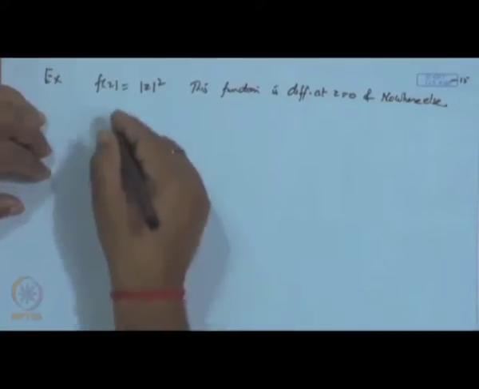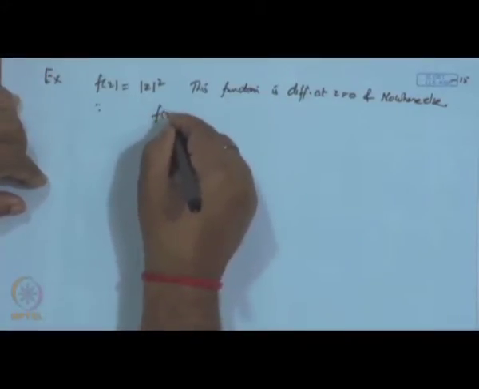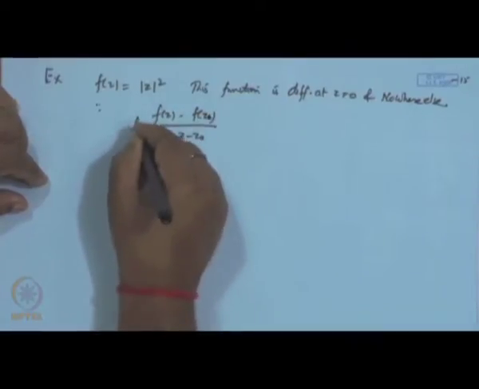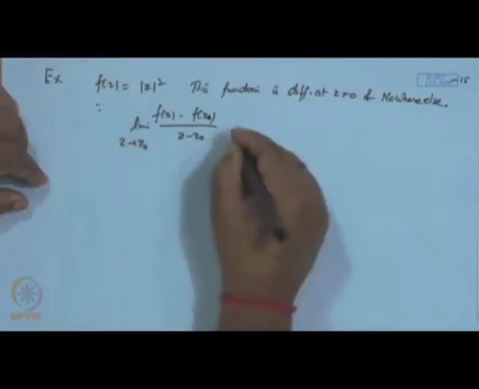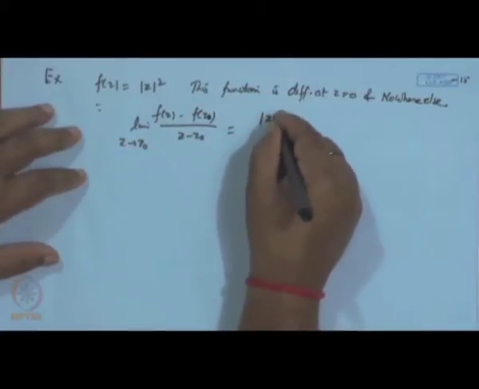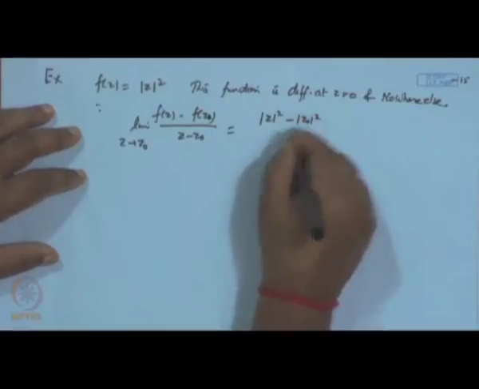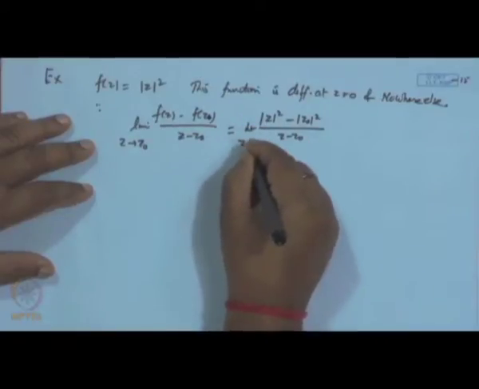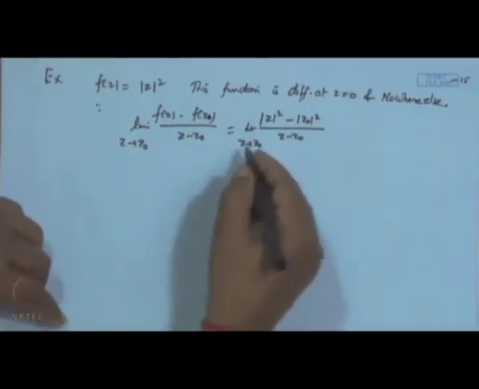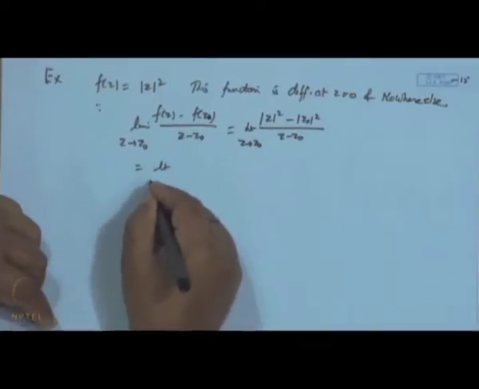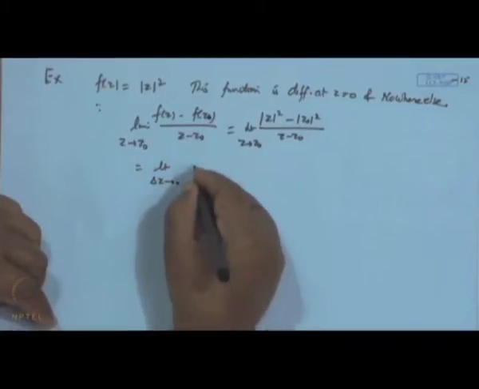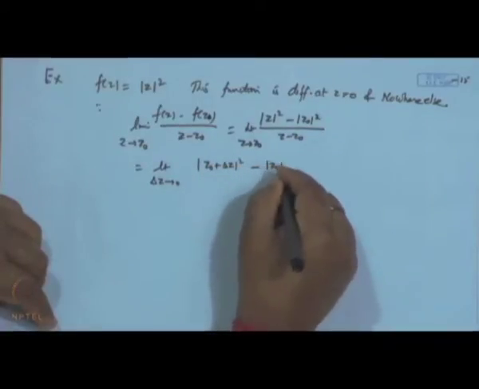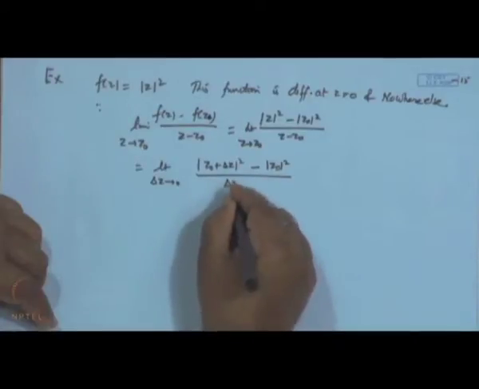Nowhere else, because what is the limit of [f(z) minus f(z naught)] over [z minus z naught] as z tends to z naught? It is mod z square minus mod z naught square over z minus z naught. This is the same as the limit as delta z tends to 0 of mod (z naught plus delta z) square minus mod z naught square, divided by delta z.